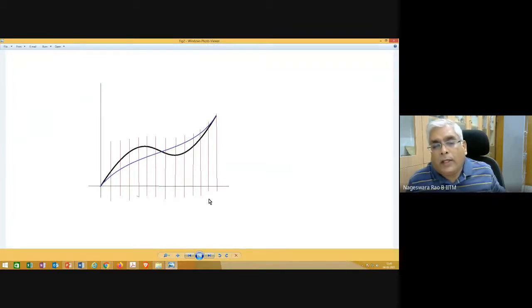Here, you can see the solid line. Let's assume that is the exact solution. And the blue line is the approximate solution. What is the problem domain?